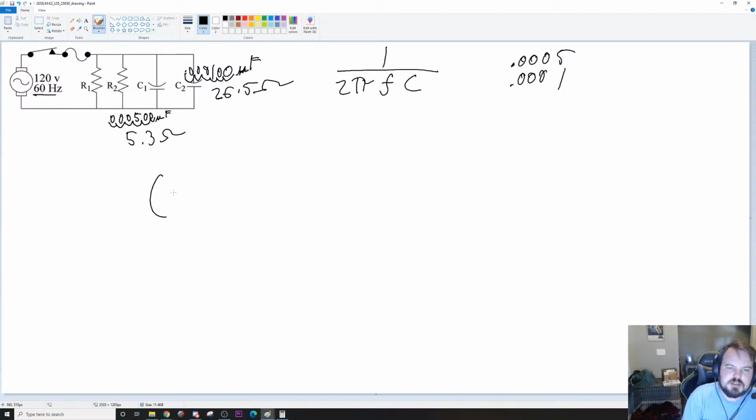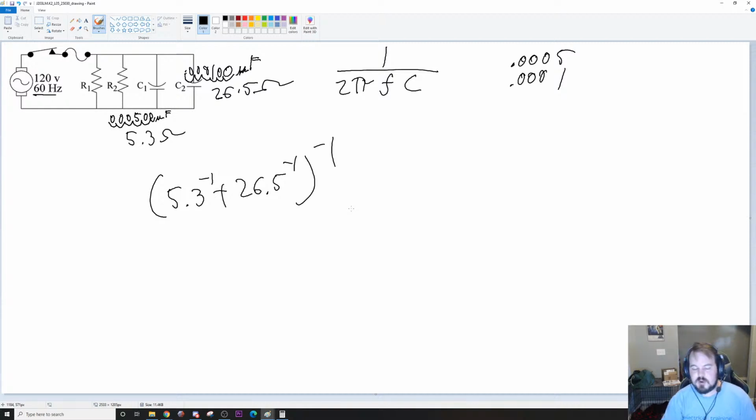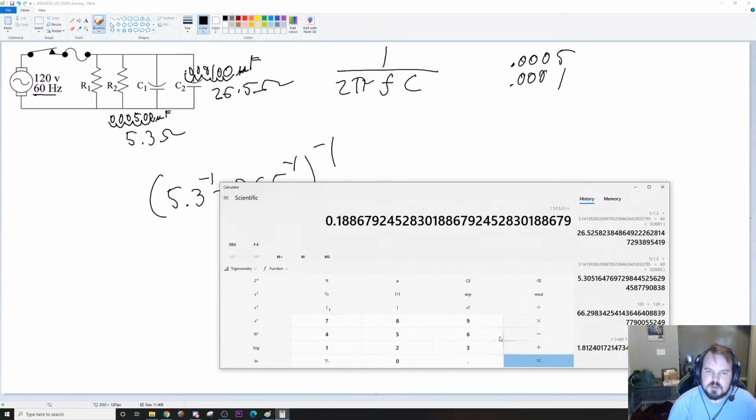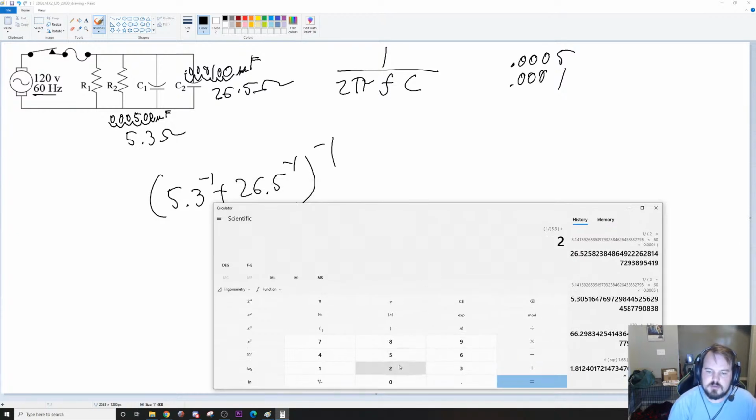So it's open parentheses, 5.3 to the negative 1 plus 26.5 to the negative 1, close parentheses, 1 more to the negative 1. Oh, wait, gotta put my parentheses. 5.3 plus 26.5.